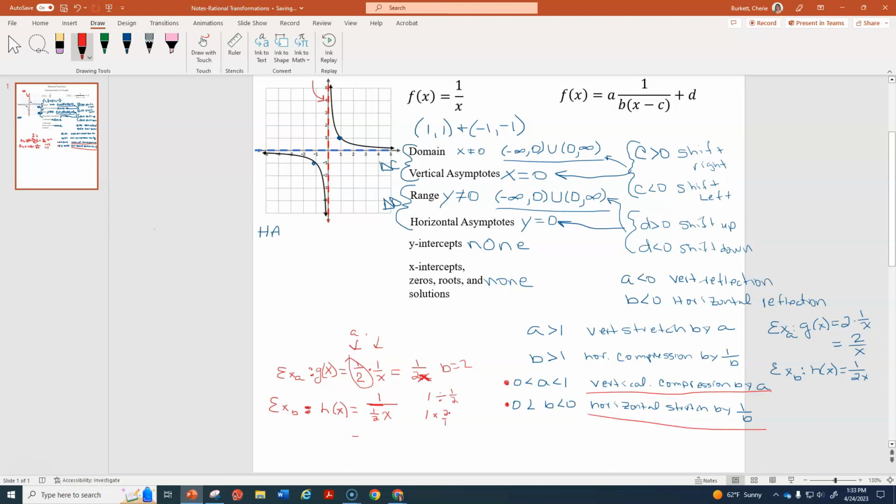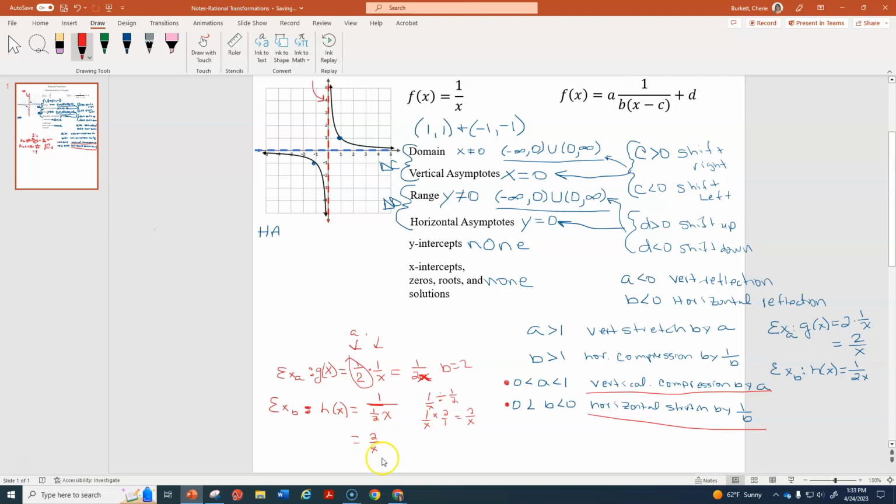So doesn't this simplify to be, let's just do 1 over x so that we don't lose the x. We do 1 over x divided by 1/2. So we have keep, change, flip, and we end up with 2 on top and x on bottom.